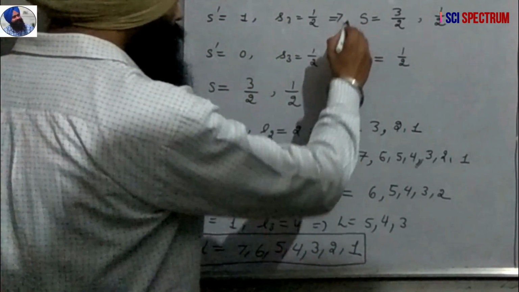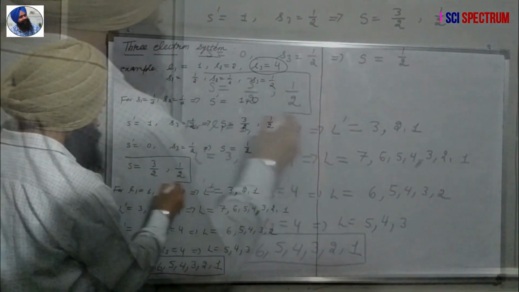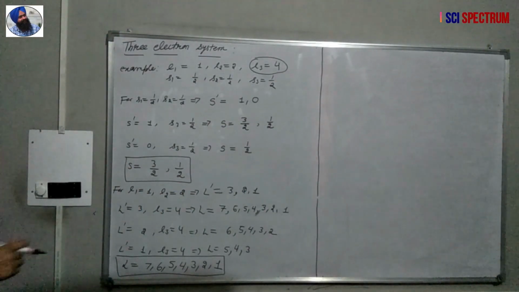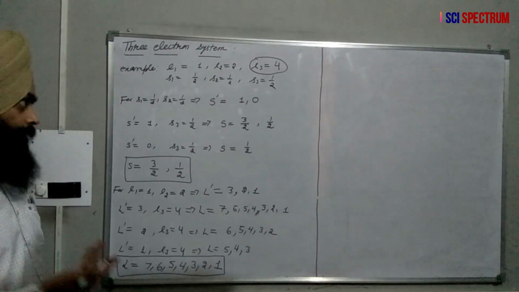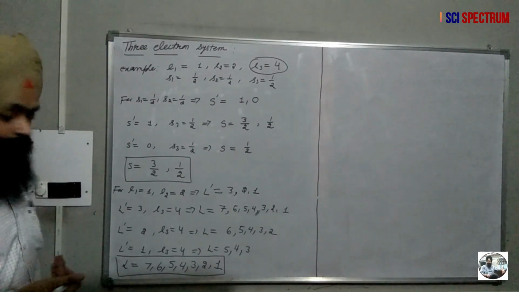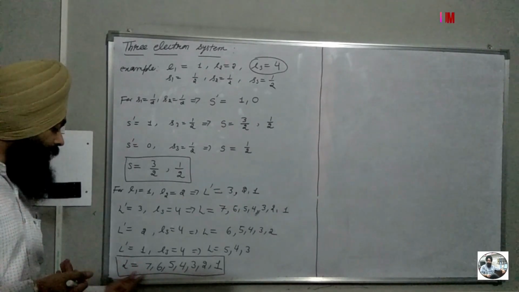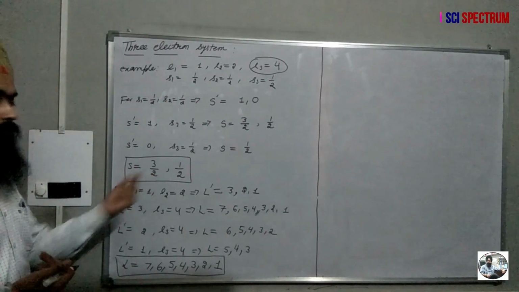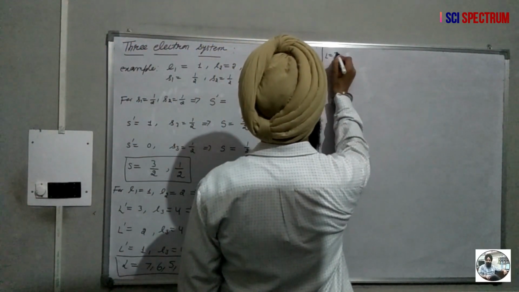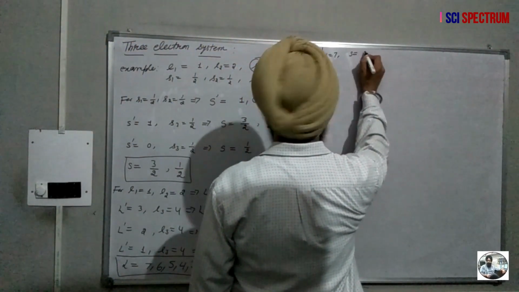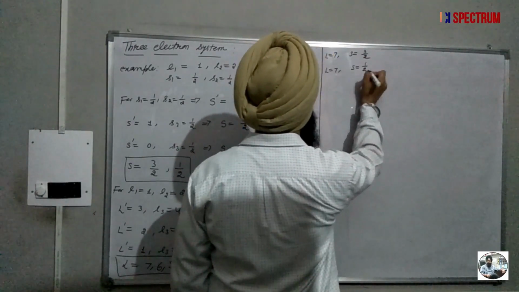And these are the capital S values. The rest of the procedure is exactly the same. We can calculate the value of J by taking every value of L with every value of S. So let us take L equal to 7 and S equal to 3 by 2.